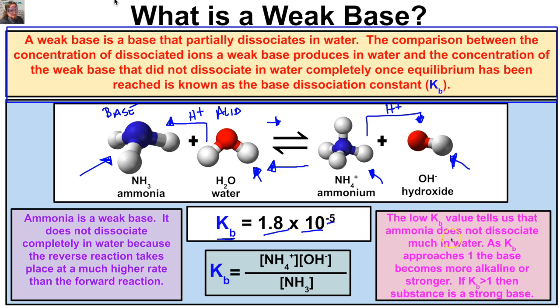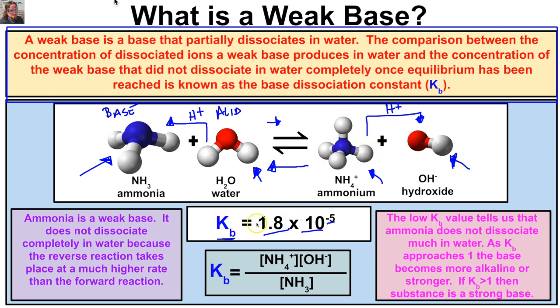This tells us that the ammonia does not dissociate much in water, and as Kb approaches 1, the base becomes more alkaline or stronger. And if Kb is greater than 1, then the substance is a strong base. So understand this concept, that the Kb value here is a relationship between the dissociated ions and the weak base. And because this is a very small number, that is telling us that we hardly have any dissociated ions in solution at all.